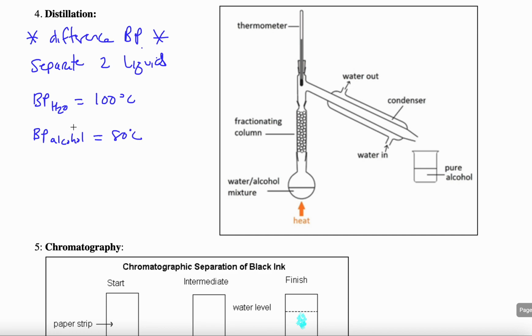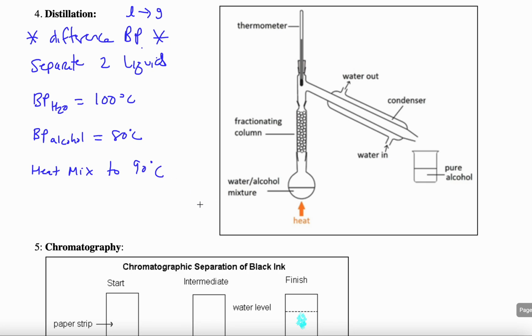So the boiling point is the temperature at which you can force a liquid to change to a gas. So a difference. And in this lab, what you do is heat the mixture to a temperature that is between the two different boiling points. So heat the mixture to 90 degrees Celsius.